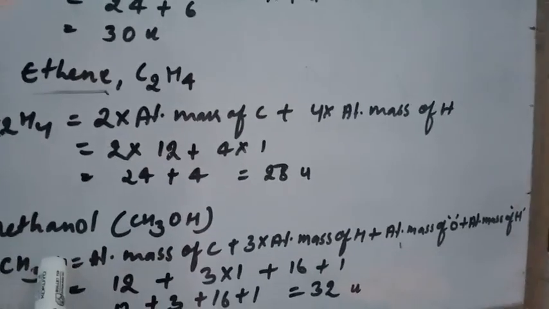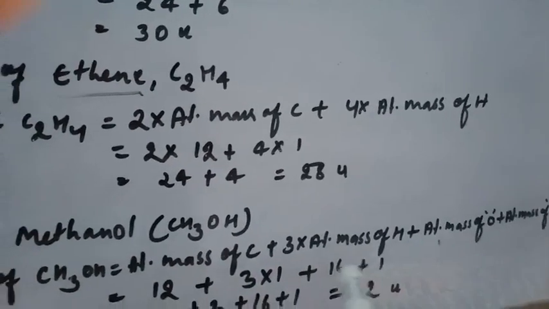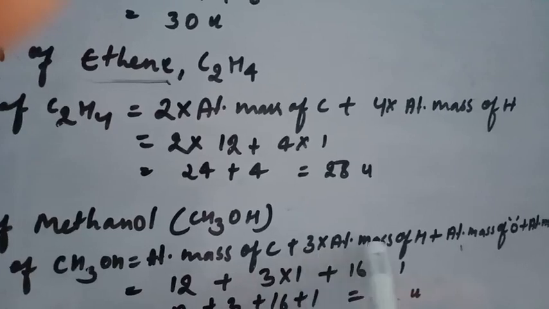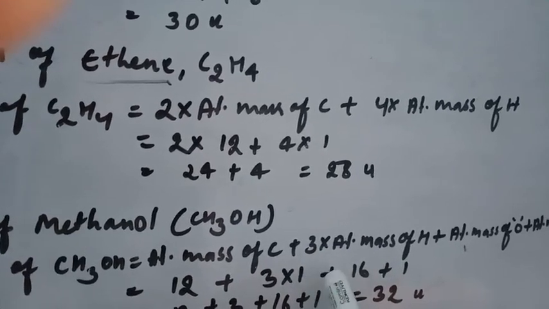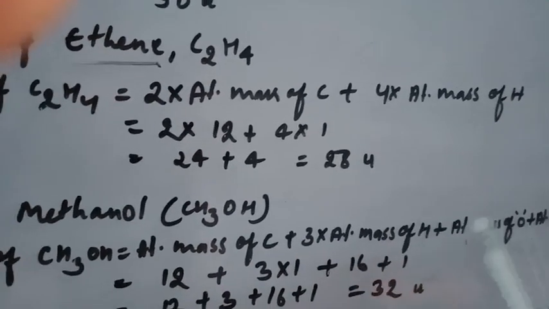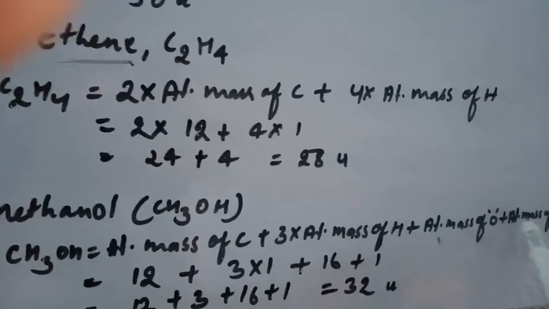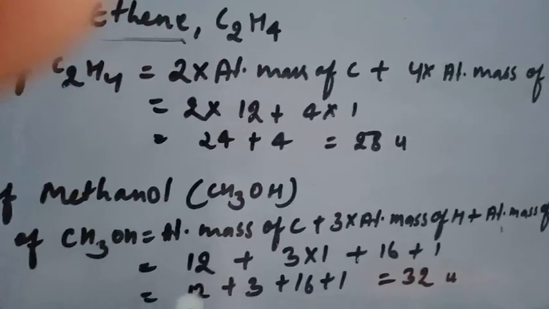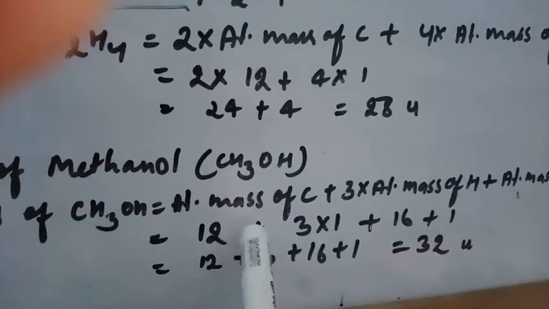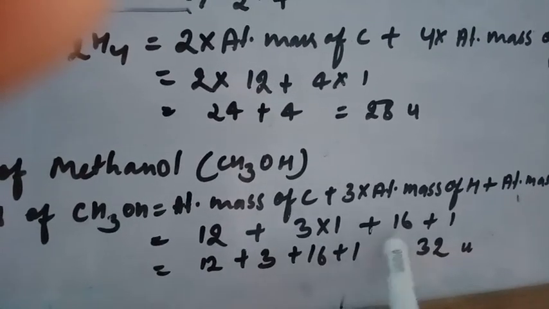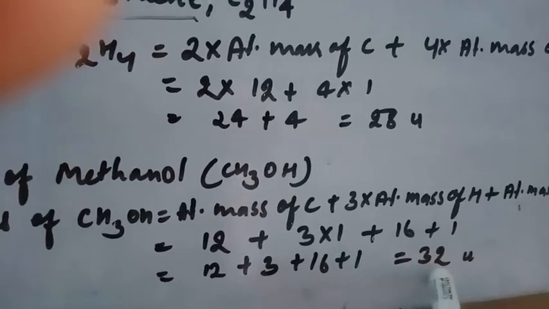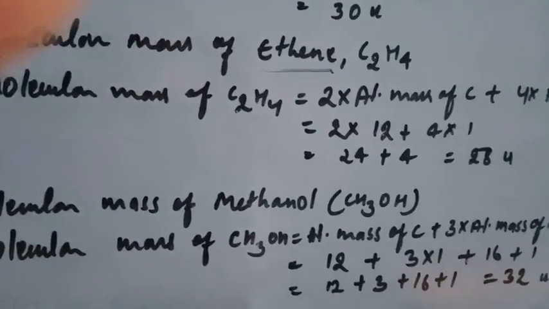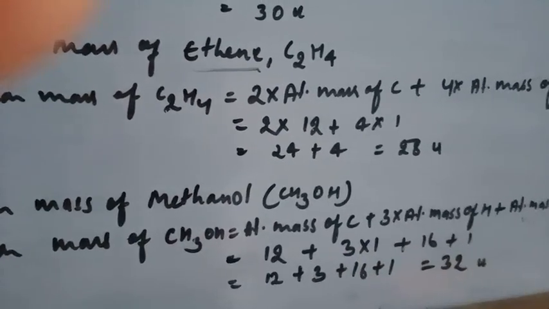So 12 plus 3 into 1, which is 3, plus 16 plus 1. So we are getting 32U. So the molecular mass of methanol is 32U.